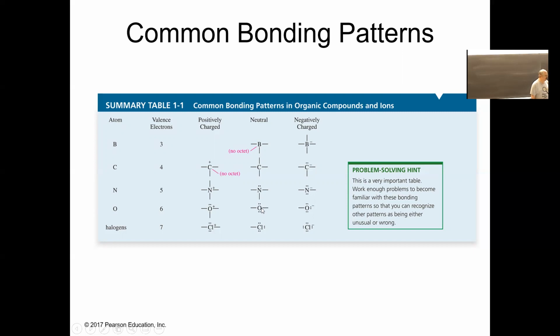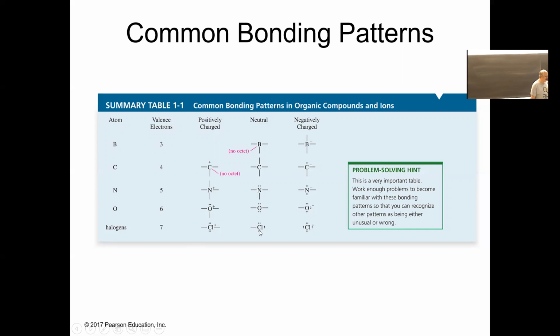A familiar example would be water. If it has 3 bonds and 1 unshared pair, then oxygen has a plus charge, like the hydronium ion. And if it has 1 bond and 3 unshared pairs, oxygen has a negative charge. An example would be the hydroxide ion.